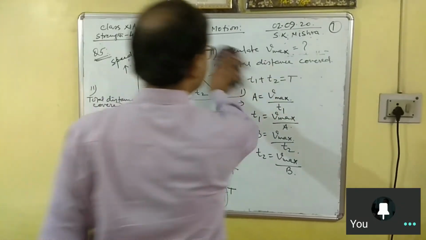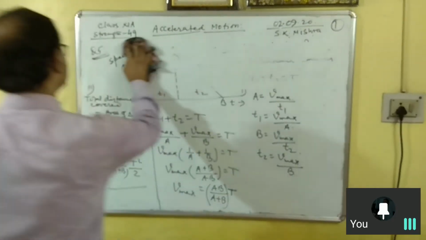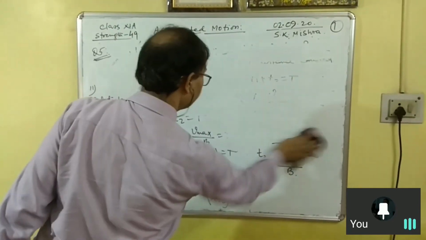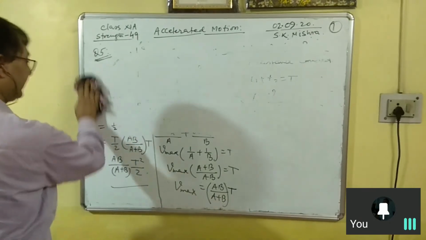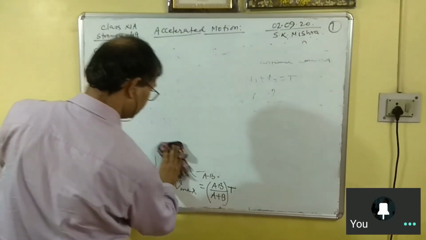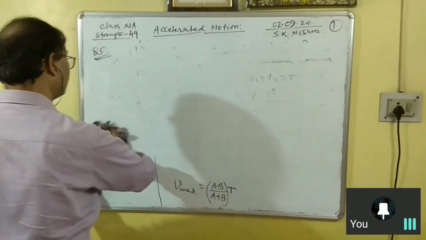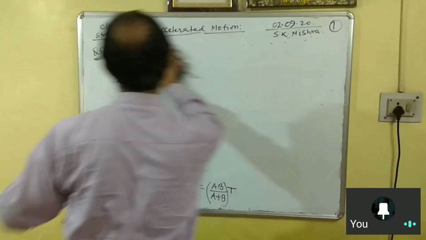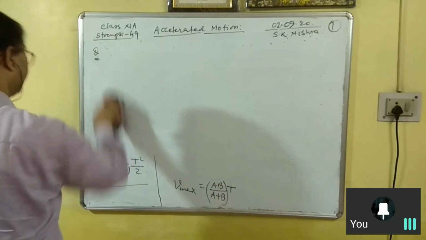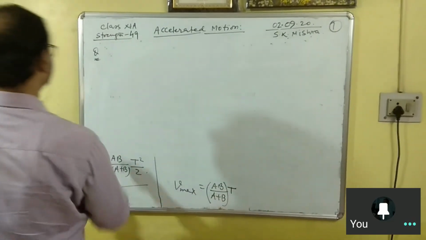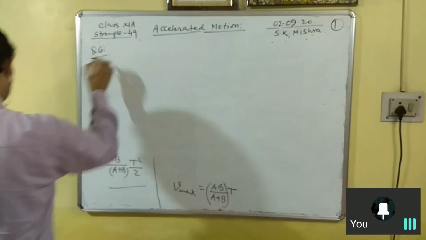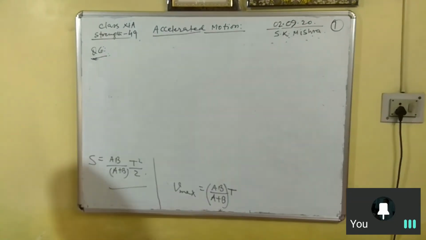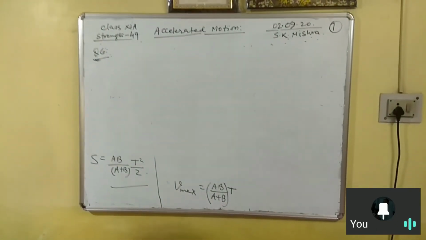Okay, question number 6. I am not rubbing the formula part, it will be helpful for you. The sixth question is: a car accelerates from rest at a constant rate of 36 km per hour square.